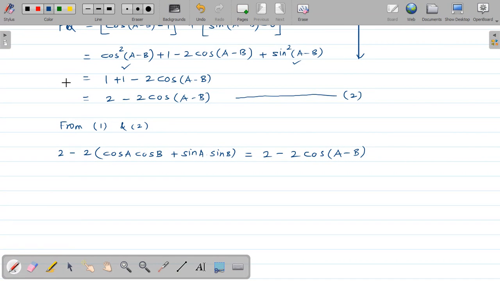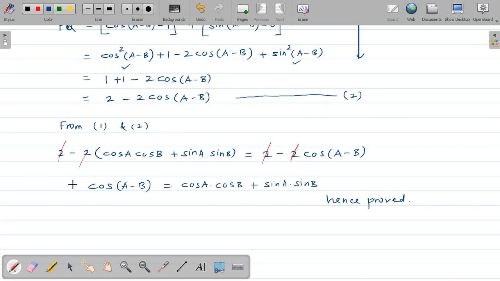Now if you observe this, you can cancel this 2, then minus 2 will also get cancelled, and hence you get the result or formula: cos(A minus B) is equal to cos A cos B plus sin A sin B. So hence we get the result, hence proved.